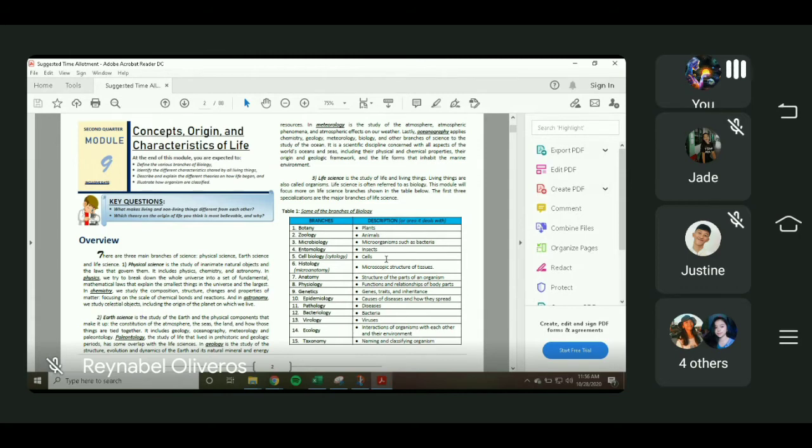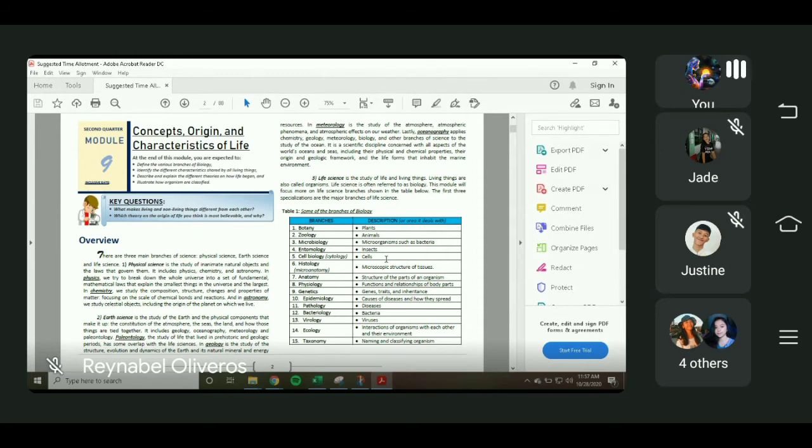Yung microanatomy is yung microscopic structure ng tissues ng organism. Okay? Then, anatomy is the structure of the parts of an organism. Physiology is the functions and relationship of the body parts. The genetics, we will talk about more on genes. Okay? Then the traits and also the inheritance.